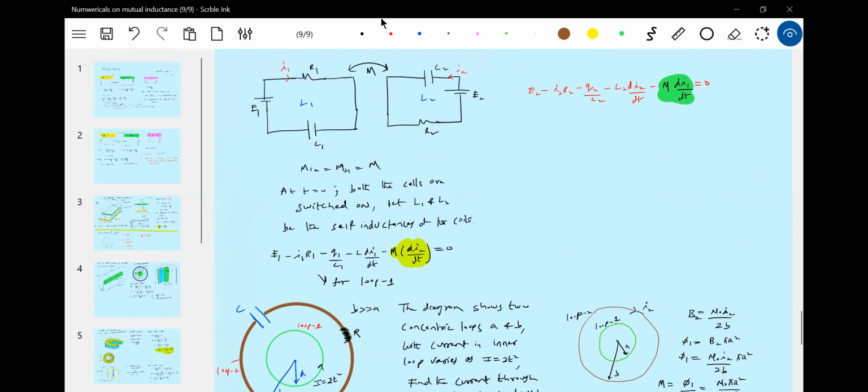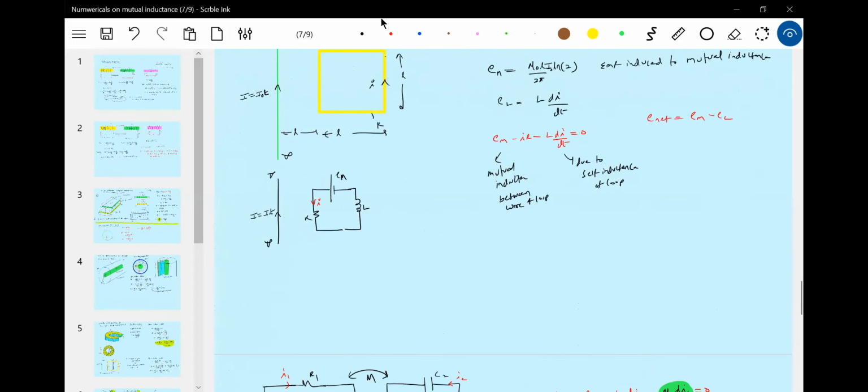Same thing here only. If I send a current I in this, what is the EMF induced in this wire? Can we find out? Yes, we can find out. But what is the problem? Can we find out the flux linking the wire due to current in this? Mathematically, we cannot find out. So what shall we do? Let's assume that a current is flowing in this, we will calculate the flux linking this, and we will calculate the mutual inductance.